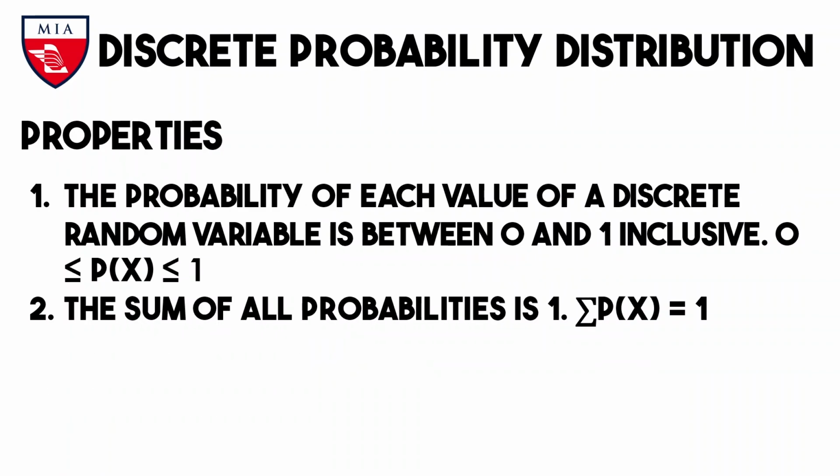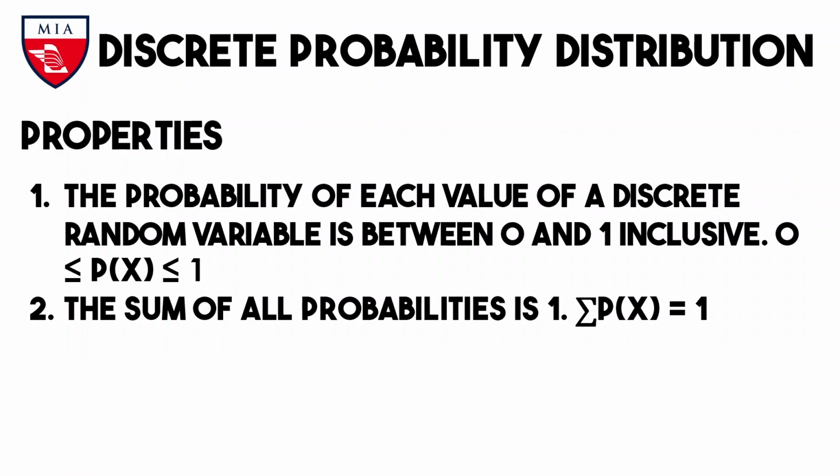Before we discuss the following types of distribution, let's first review the properties of a discrete probability distribution. We have two main properties that we need to remember.